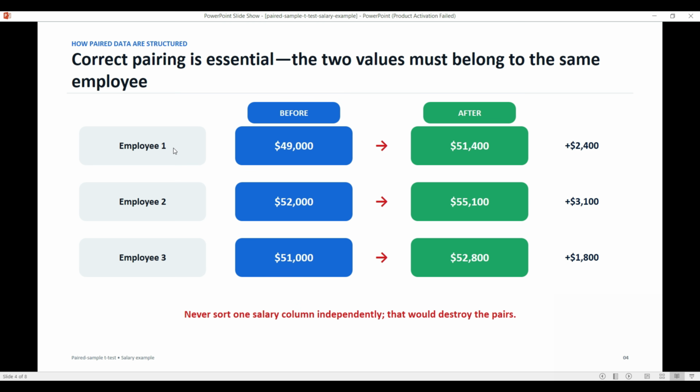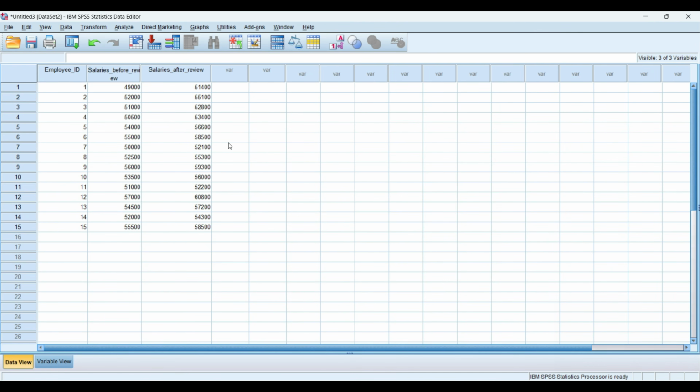For example, employee 1 before and after review: salary before review was $49,000 and after review it becomes 51,400, and the same for employee 2 and 3. So let us do this in SPSS.